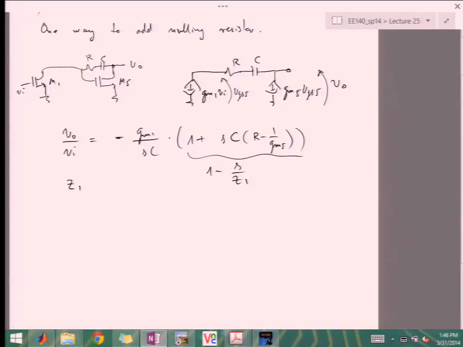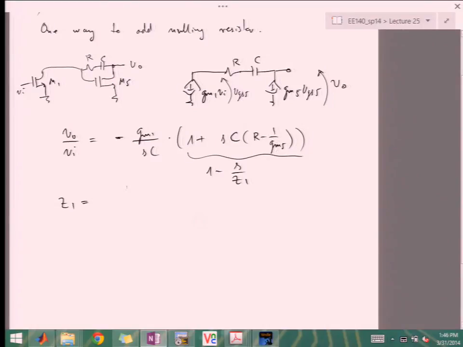Right. So our 0 is now modified. It's no longer just dependent on GM5 and C, but it also depends on this R. So you see that R is kind of canceling out the effect of 1 over GM5.